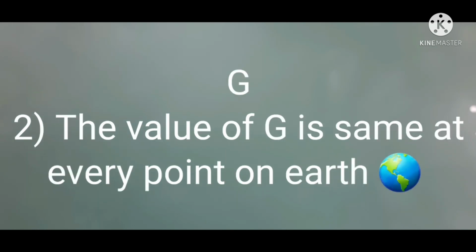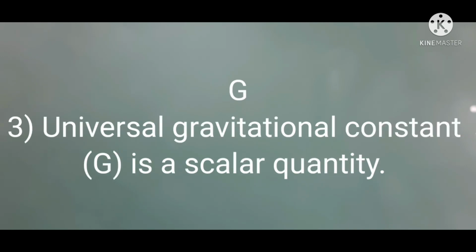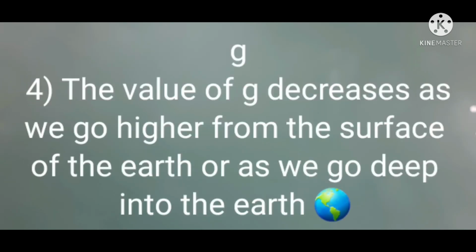The value of capital G is same at every point on the earth. Next, acceleration due to gravity is a vector quantity. Universal gravitational constant capital G is a scalar quantity.